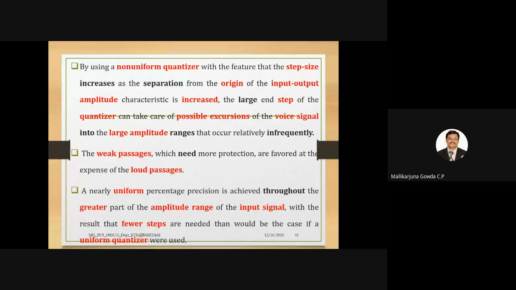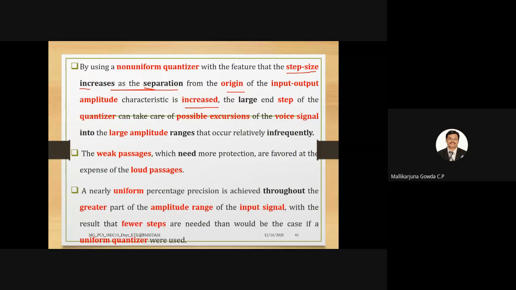With that feature, in the non-uniform quantizer, the step size will increase as the separation from the origin of the input-output amplitude characteristic is increased, right? In case of uniform, the step size is fixed. As I said, the delta, if it is 1 volt, it will increase in steps of 1 volt only.